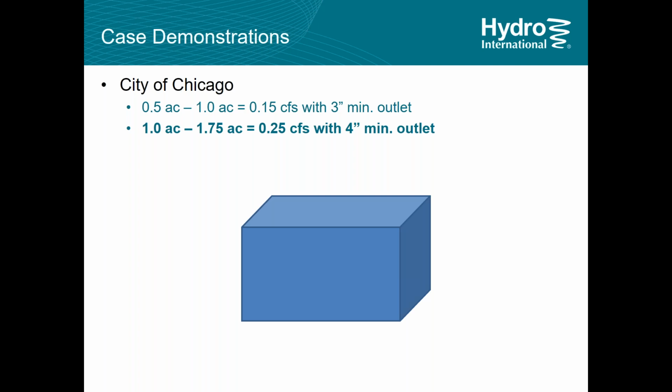A site between 0.5 and 1 acre has a discharge limit of 0.15 CFS with a minimum 3-inch outlet. A site between 1 and 1.75 acres must be held back to 0.25 CFS with a minimum 4-inch outlet. So that gives you a couple of constraints of both the flow rate and the outlet size.